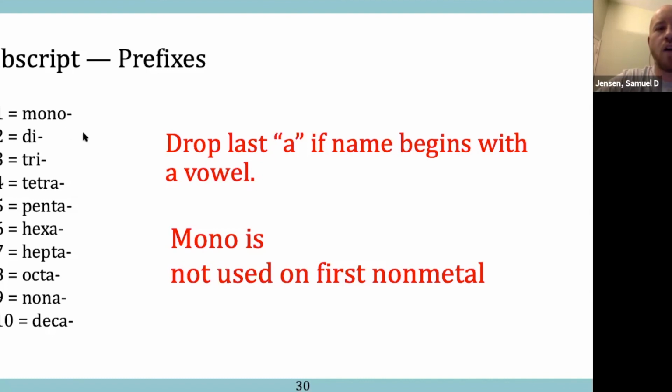Okay, one is mono, which we don't use often, okay? It's certainly not used for the first element, so we don't do mono for the first element. Okay, di, tri, tetra, penta, hexa, hepta, octa, nona, deca. Commonly, the mistakes are usually around the 6 and 7 range, okay?